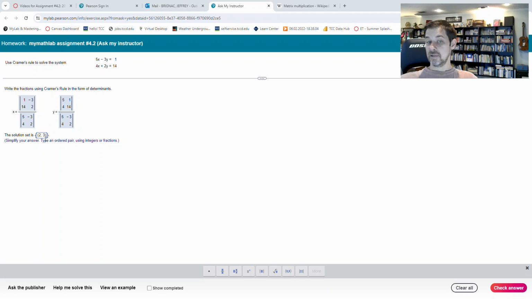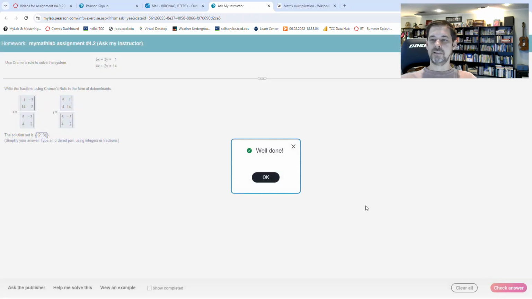If I put 3, 2, maybe I would think that you realized what the right answer was, but you're not putting it in the way that we do things, okay? So this is both an ordered pair, I have the numbers in the right arrangement, I have the numbers correct in addition to all that. So always follow these instructions whenever you see them on MyMathLab. So we can check it and it's right, and that's what we need to do.